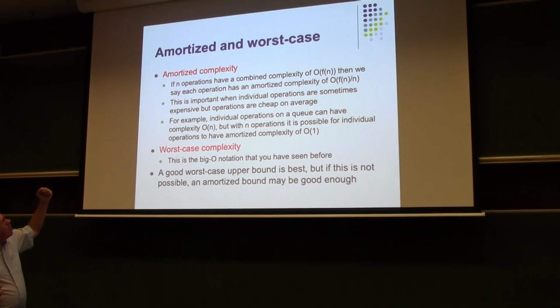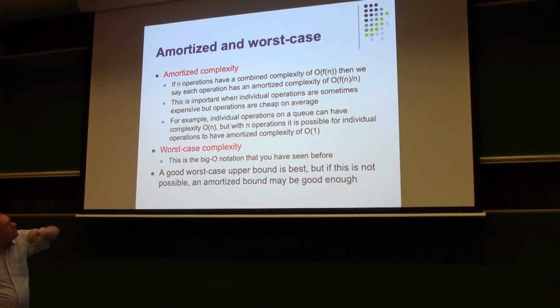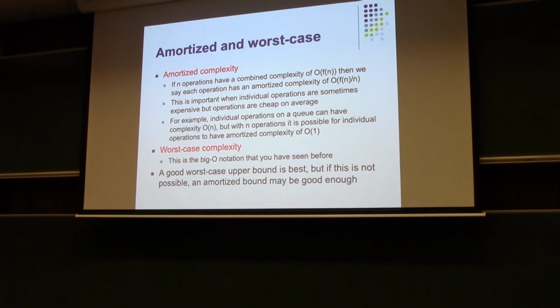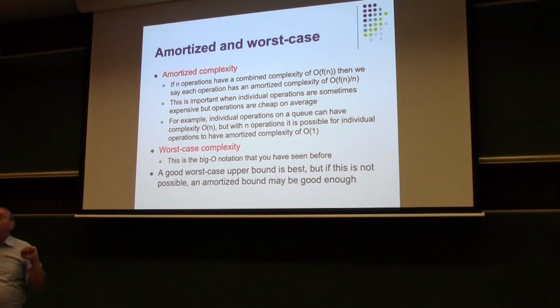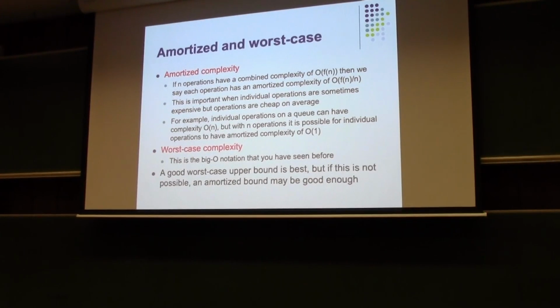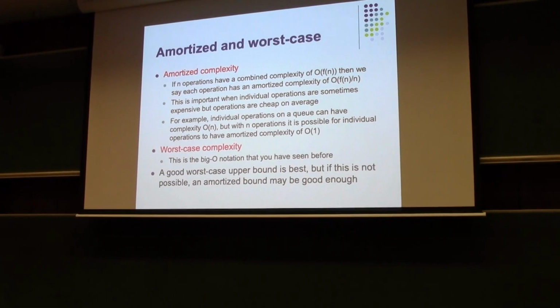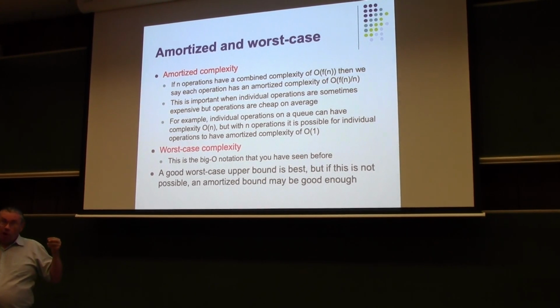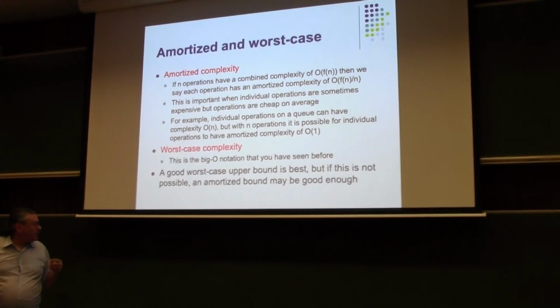And so if you have n operations, combined, they have a complexity of f of n, but then each single operation you divide by n. So there's an average per operation, which is f(n) divided by n. Individual operations can be mostly cheap, and sometimes expensive.